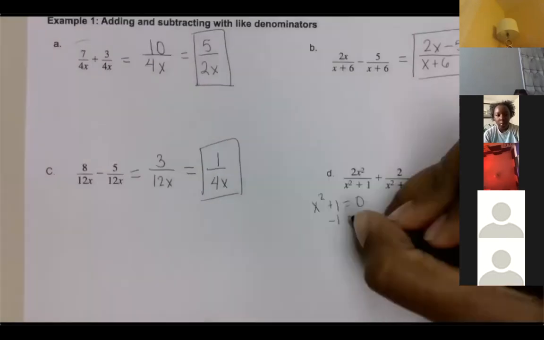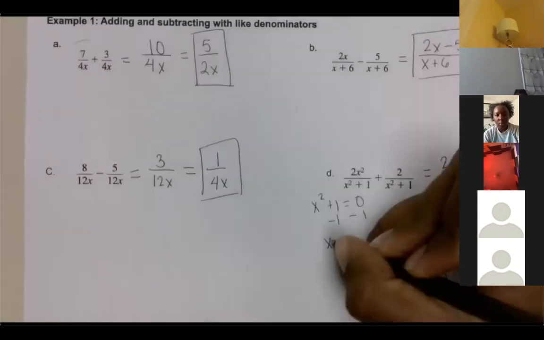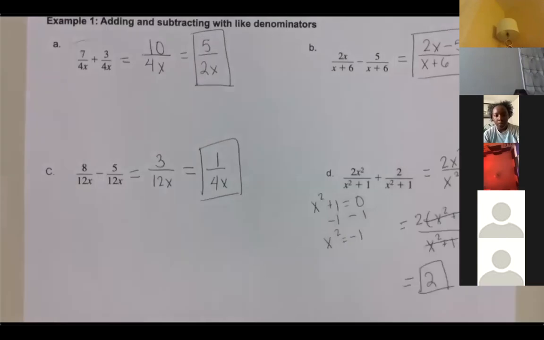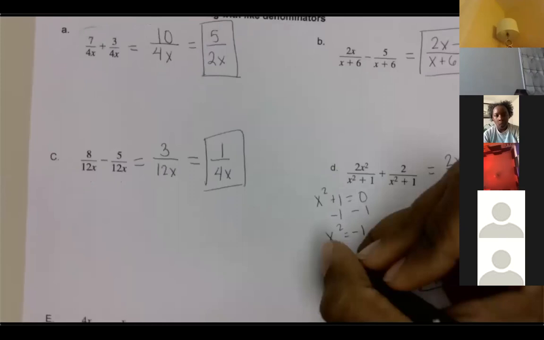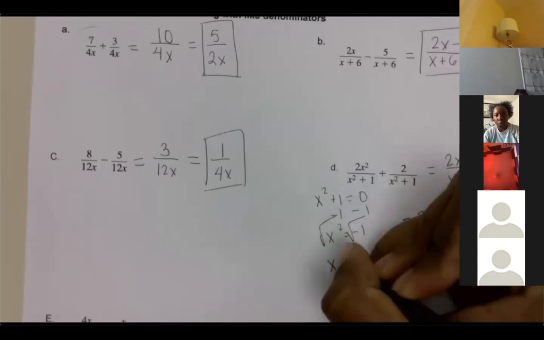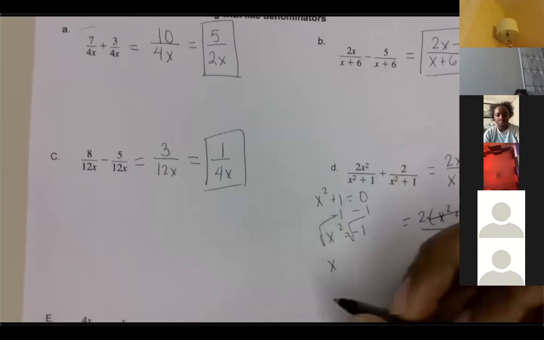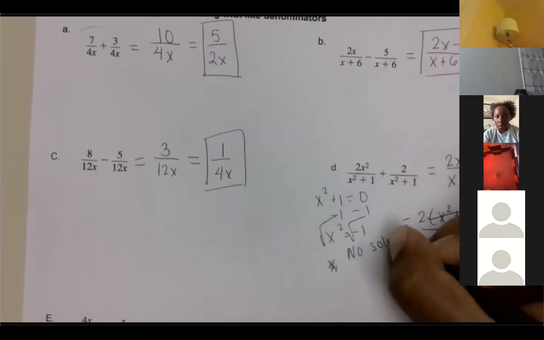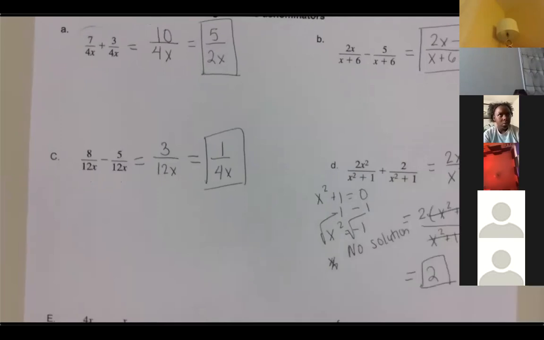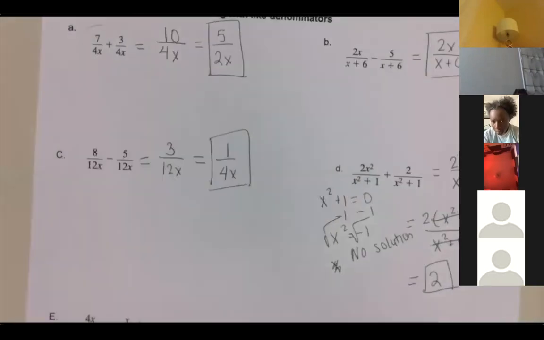So we're going to subtract 1 from both sides, so we'll get x squared is equal to -1. And then take the square root of both sides, so x, we have a problem. You cannot take the square root of a negative number, so there's actually no solution, which means that there's no number that I can plug in for x that would make this expression equal to 0, so there's no restriction. It's just 2.